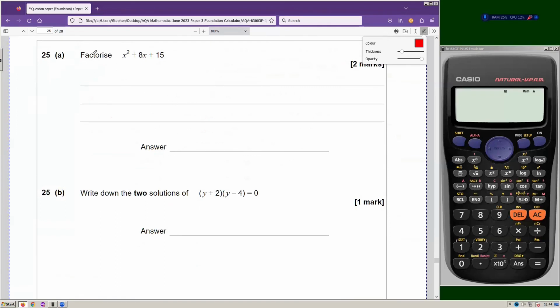Question 25a, factorize x squared plus 8x plus 15. This is one of these where we put it all nicely in a bracket. We're going to find numbers that multiply together to make 15 and add together to make 8. It's all positive, which makes it easy. It's 3 times 5.